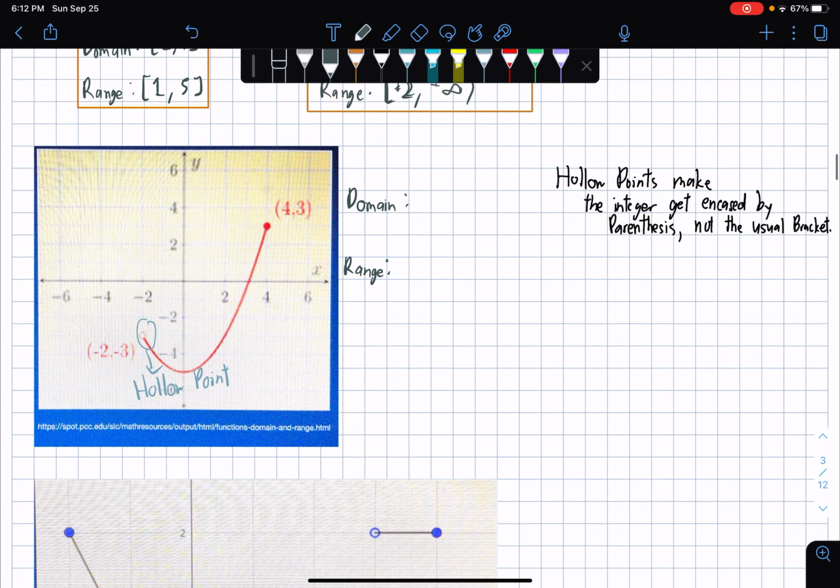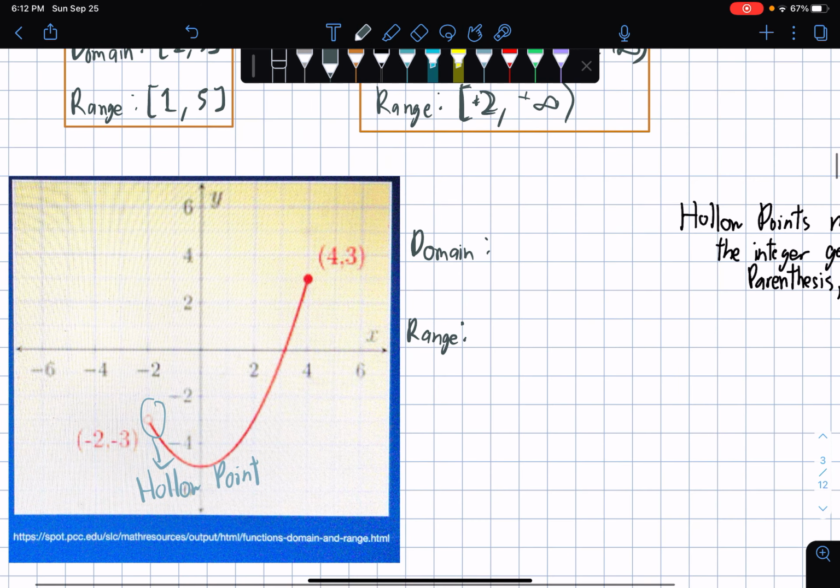Right, next, this time we have a hollow point. Usually our coordinates are symbolized as this one. Hollow points, on the contrary, are written like this. I hope you can see the difference. So for the domain, this is the very left, so it's negative 2, and the very right is positive 4.